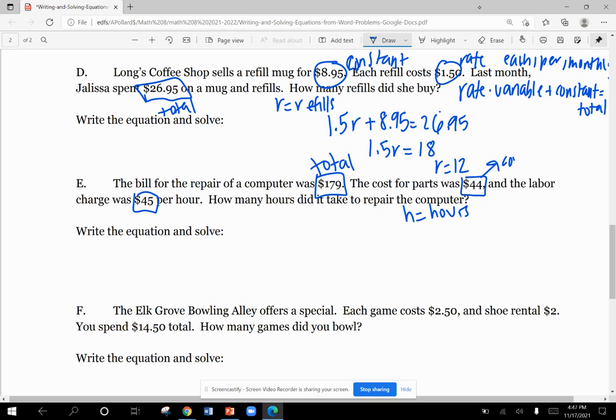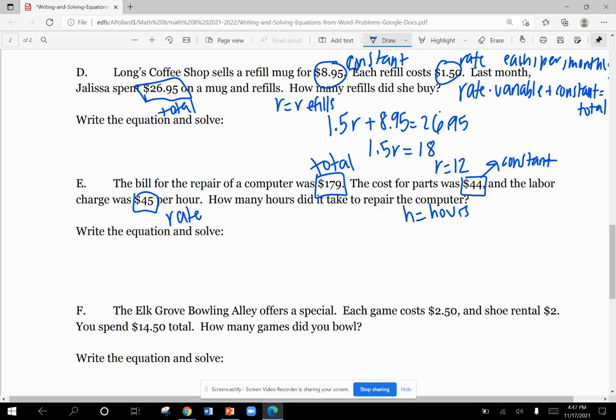So that's a constant. So even if she had 0 hours of labor, she had to pay that $45 per hour. Oh, no, excuse me. Even if she didn't pay for any labor, she had to pay that $44. Now the $45 per hour, we see that word per, so that's the rate. Another way we could do this is if you're not sure what that $44 is, look at the next one.